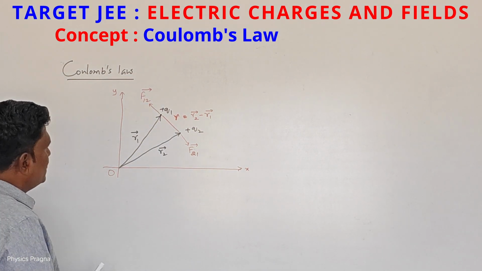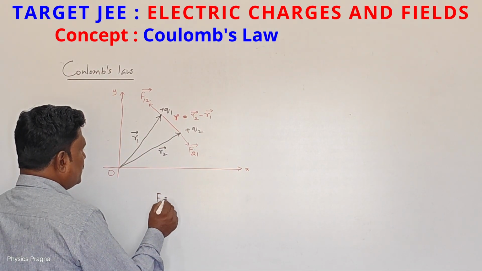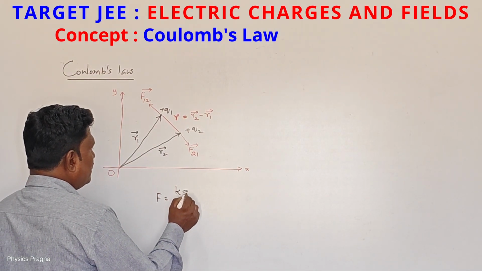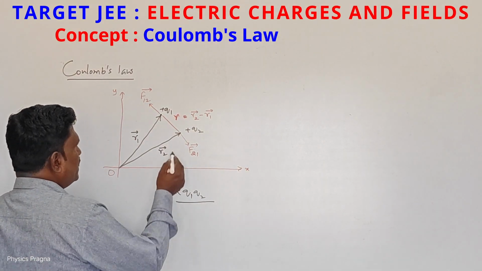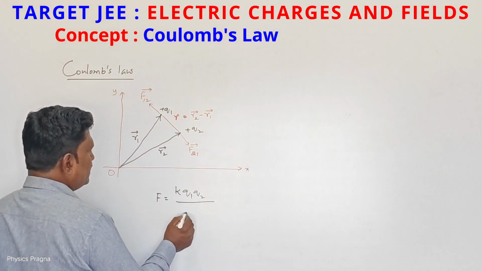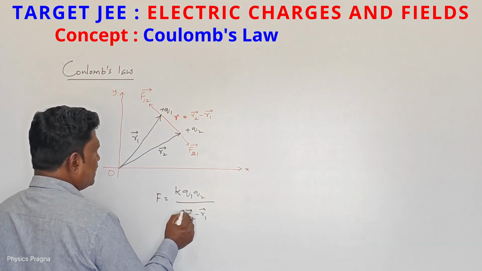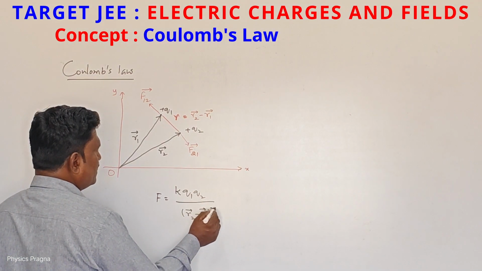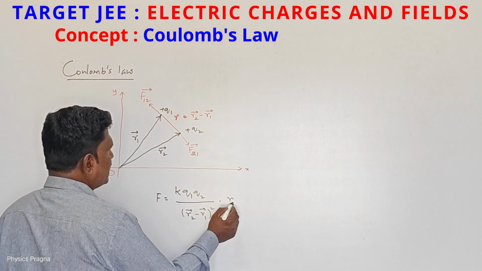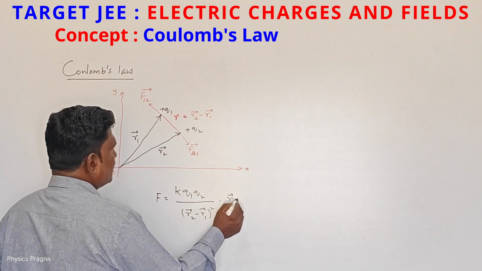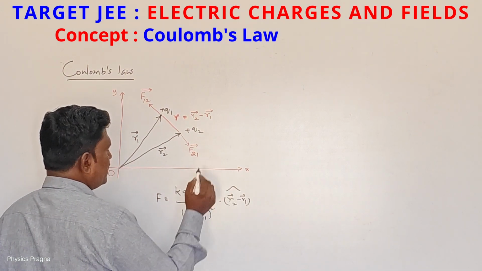So in this case, the vector form we can write is F equals K Q1 Q2 by, in the place of R square, we will get (R2 bar minus R1 bar) whole square into R cap. R cap we can write as (R2 bar minus R1 bar) cap.